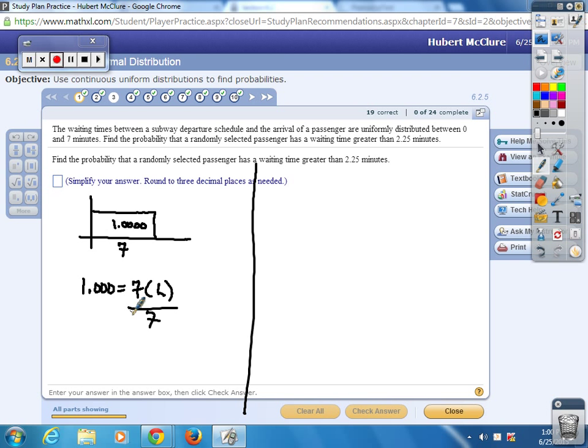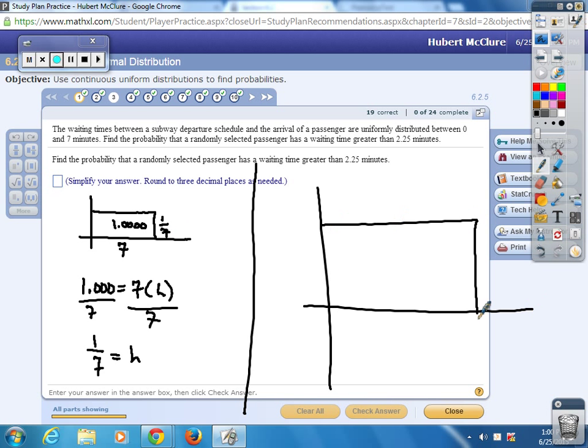Divide by 7, divide by 7. So 1 over 7 is equal to the height. Everybody with me? So now we've got 1/7 is the height, and we don't even want to write down anything else because we've got from 0 to 7. There's 0 right there. 1, 2, 3, 4, 5, 6, 7.